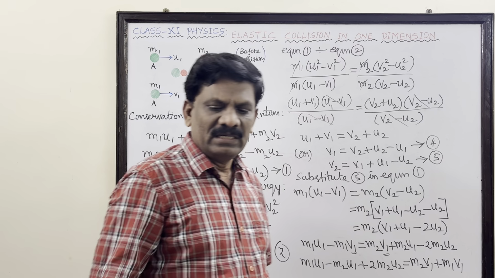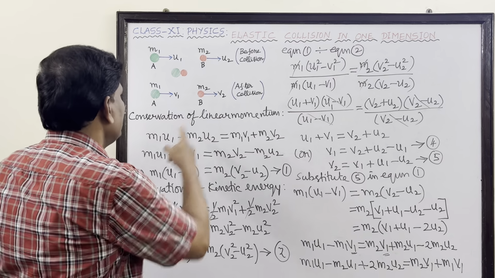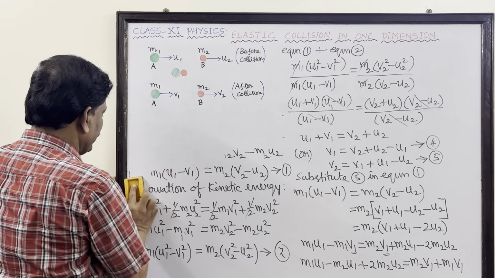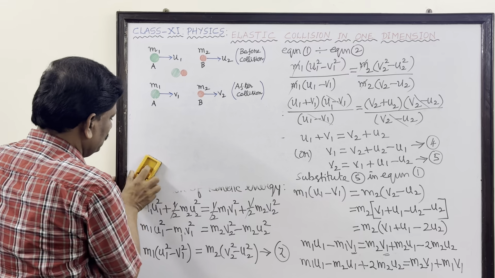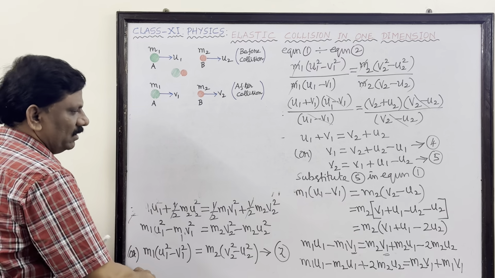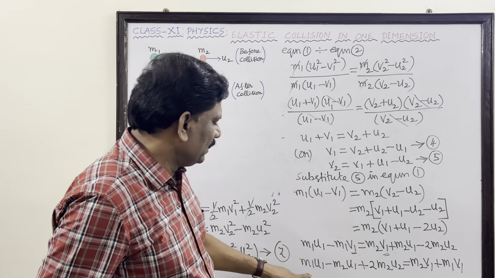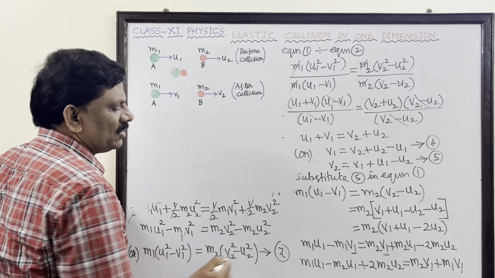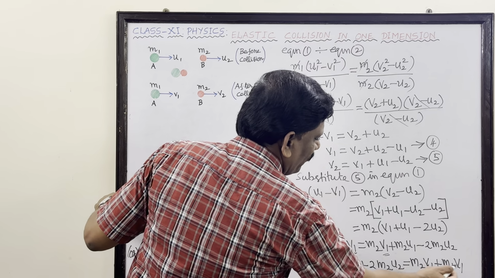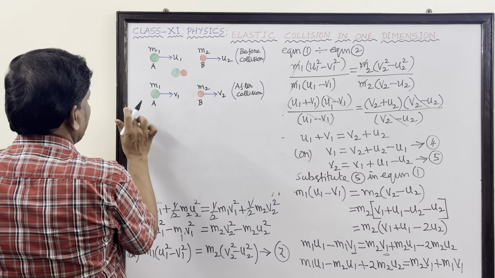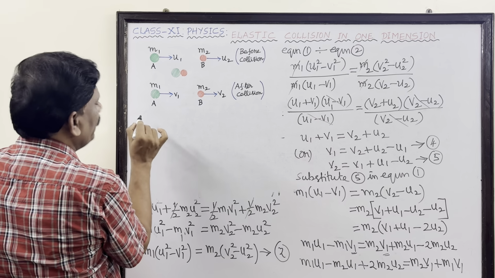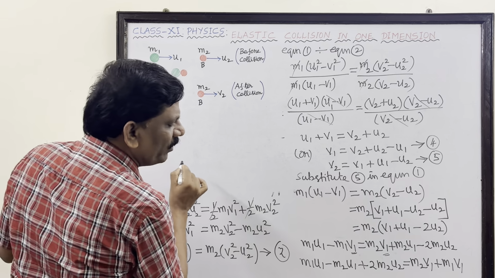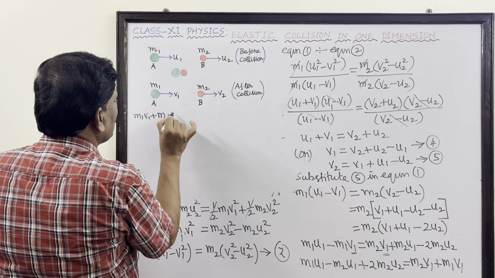Now I am going to erase the first step. Okay children, now I am changing the sides so that m2 v1 plus m1 v1 are on the left hand side. So this is m1 v1 plus m2 v1, shifted to the left hand side.